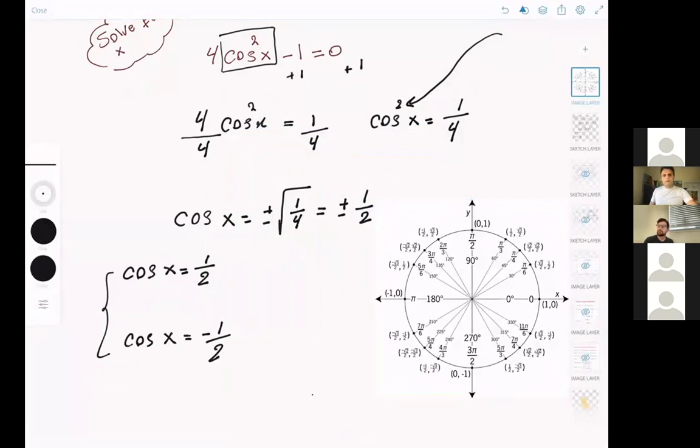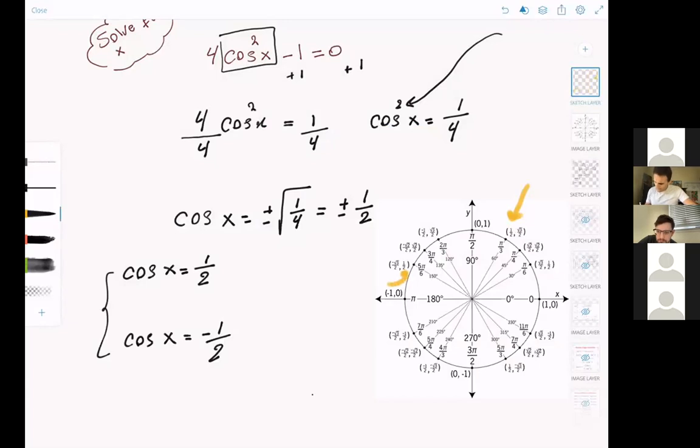On the unit circle that you have, cosine of x is 1/2. This is 1/2. This is 1/2. Also, this is 1/2. So the angle will be 60 degrees.